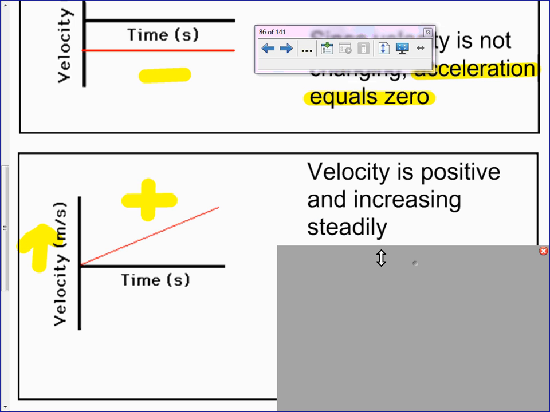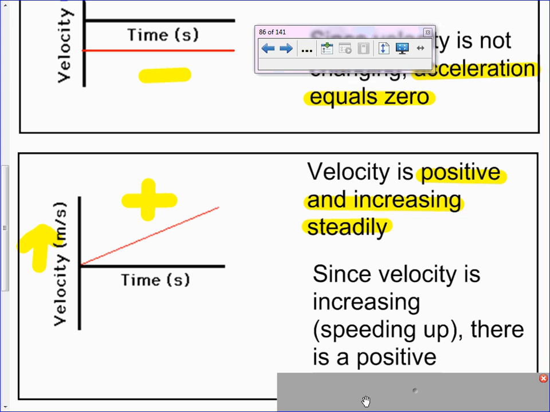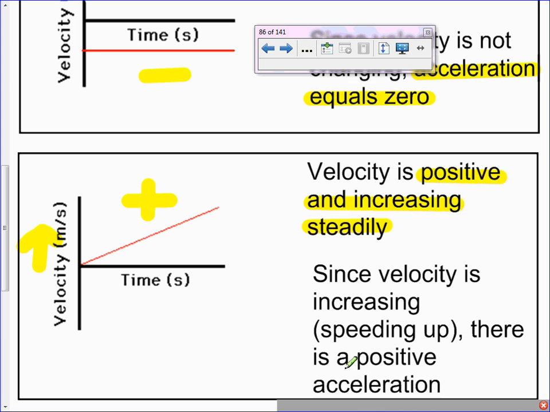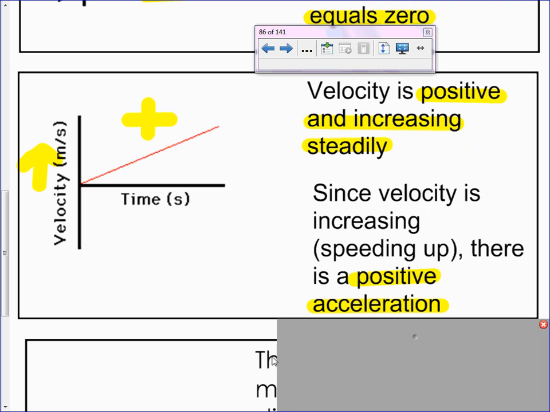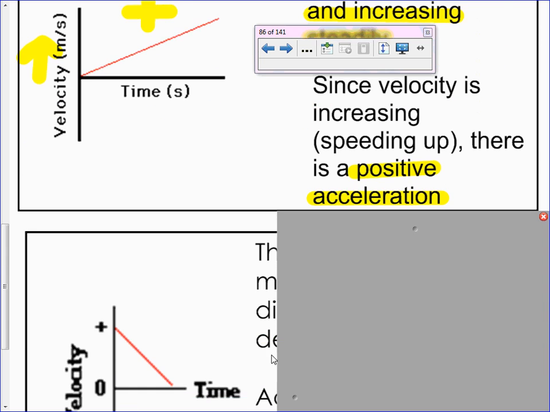So if velocity is increasing, what type of acceleration do we have? Positive or negative? We have positive acceleration. And again, you only have to write the highlighted stuff, but if you want to write more, you're more than welcome to.